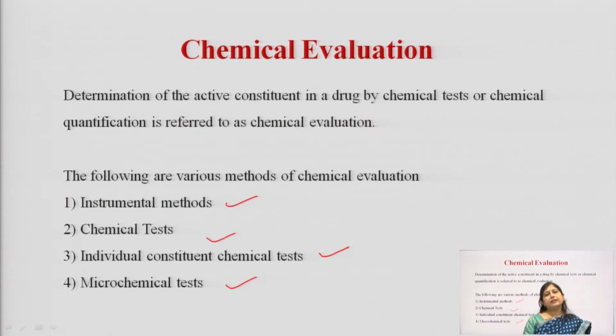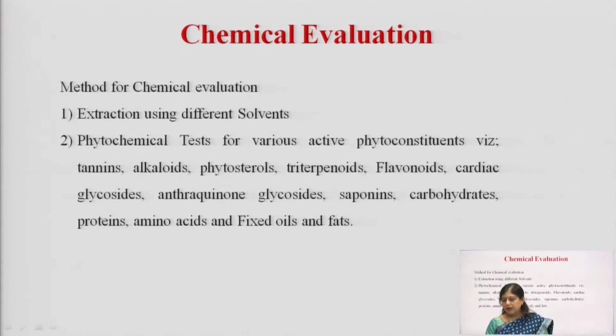Microchemical test is when we are using a microscope and adding certain reagents and producing color out of it. So, these are the different types of chemical evaluations that can be done.